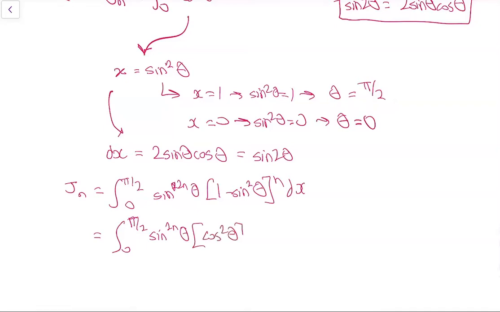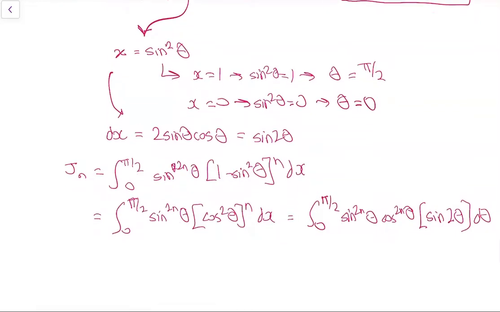So we can write it as cos squared. And now we have sine to the 2n theta cos to the 2n theta. Oh wait, hang on, I forgot to replace the dx. dx is sine 2 theta d theta. Oh yeah, this should be a d theta here.